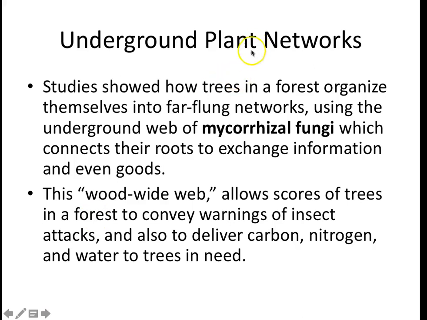All right, let's get to the forests. Forests are composed of many, many trees, lots of animals in the forest. But we know, and one of the videos goes into experiments with radioactive carbon, how trees that are different, fir tree, birch tree, are able to nourish one another during seasonal differences.